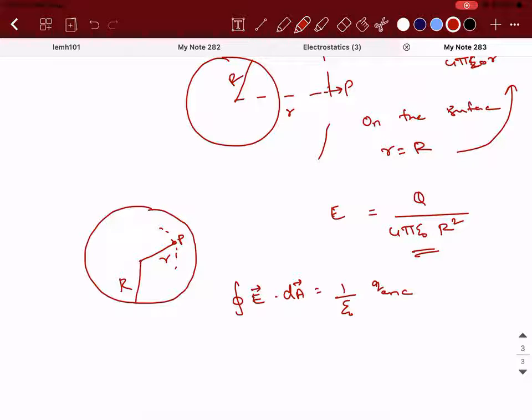But in this scenario, is there any charge present inside? No, because all the charge is going and sitting on the surface. Since the charge enclosed is equal to 0, the electric field inside the spherical shell is 0. This is a very, very, very important property of a conductor.